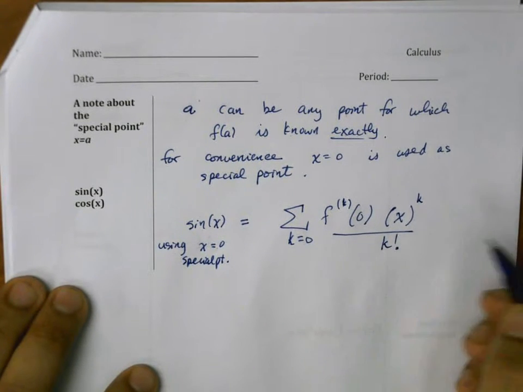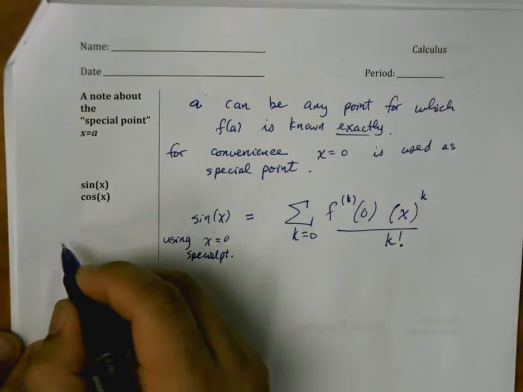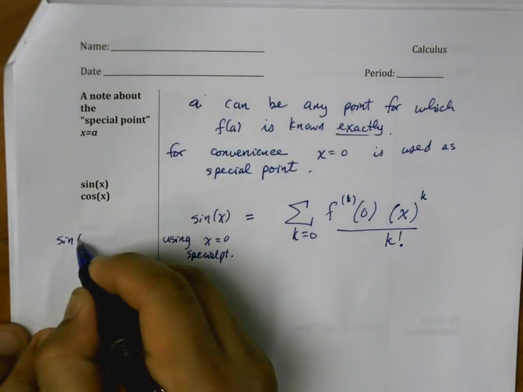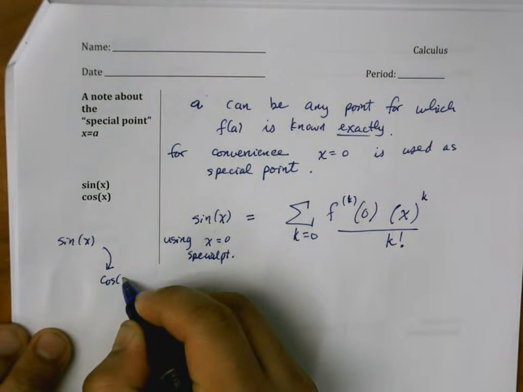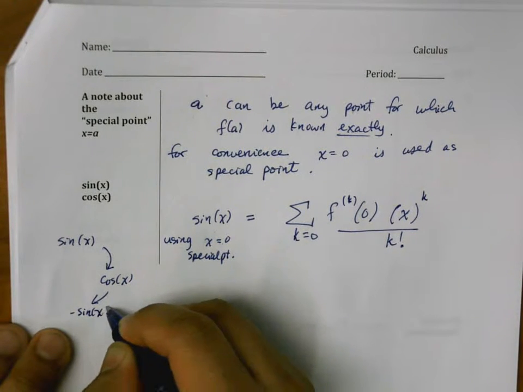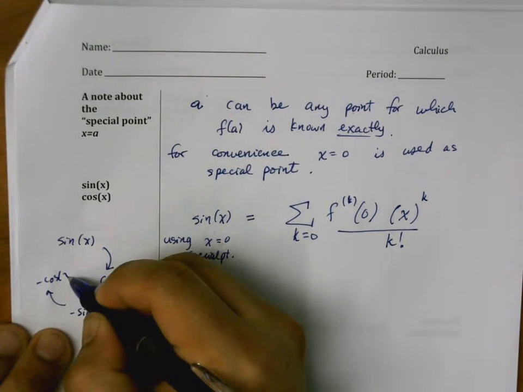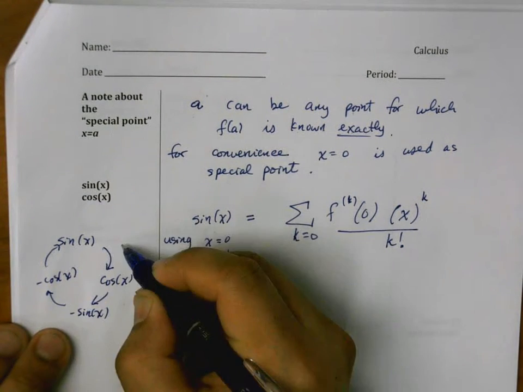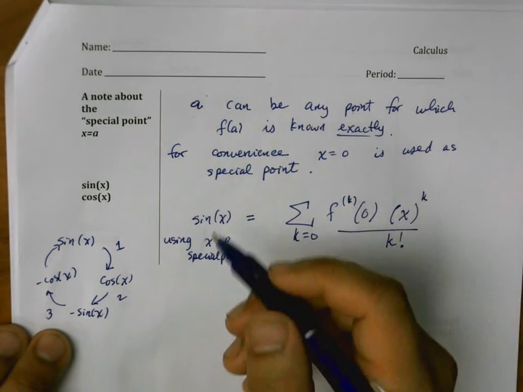Okay. And just a quick note here, I'm going to do this on the side. So if you have sine here as the function, then the first derivative would be the cosine function, then the second derivative would be the negative sine function, then the third derivative would be the negative cosine function, and then the fourth derivative, we're back to where we started from.